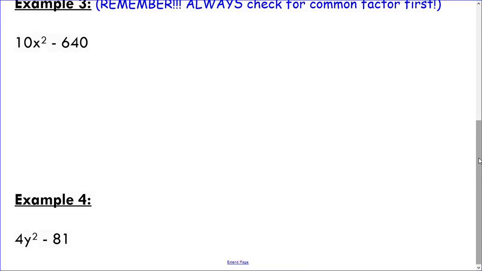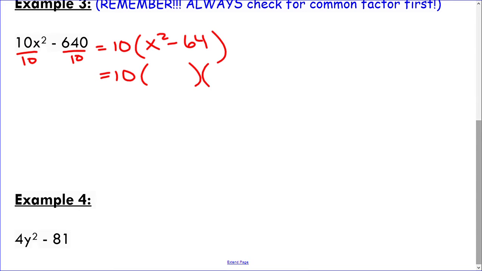Alright, so in example 3 it says, remember always check for common factors first. So in the first one, it looks like I've got a 10 that's in common in each one. And if I take a 10 out, I'm going to have x squared minus 64. Then I look at those and think, okay, that 64 has a perfect square to it. I'm going to open up my two brackets. Really, I could have kind of a bigger square bracket outside here. And then I've got my x term to start off with, my 8 term at the end, plus minus sign in the middle.